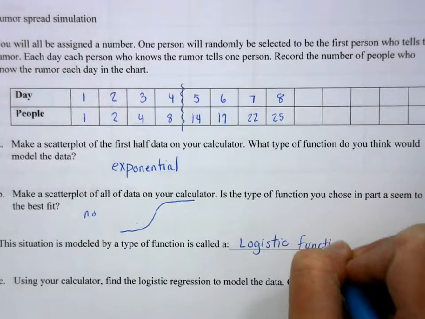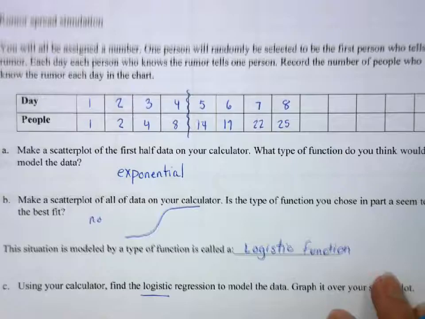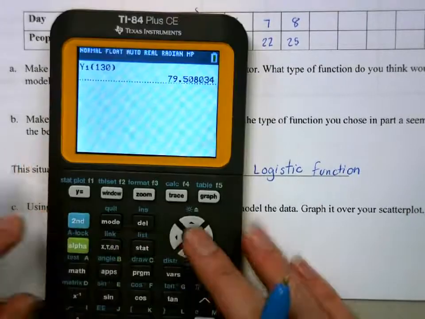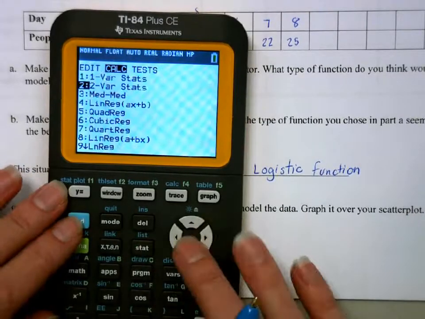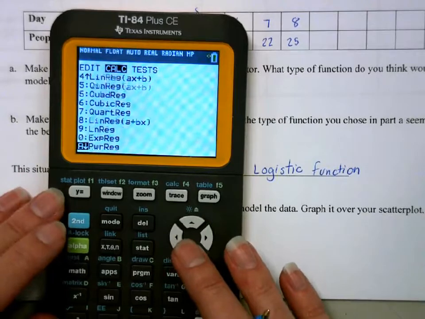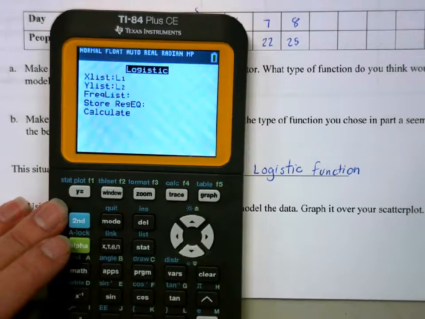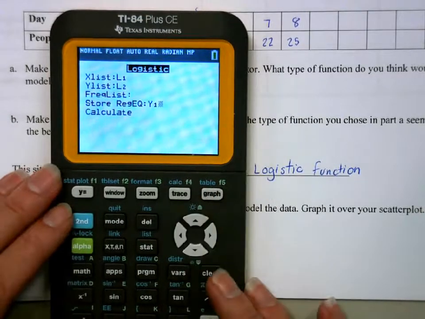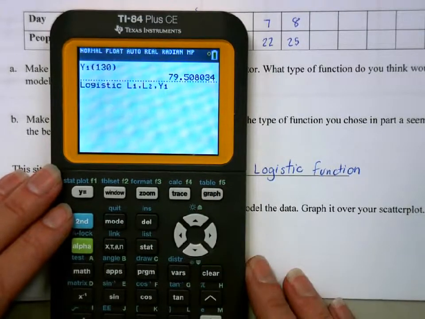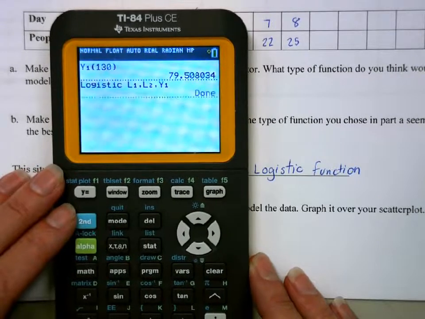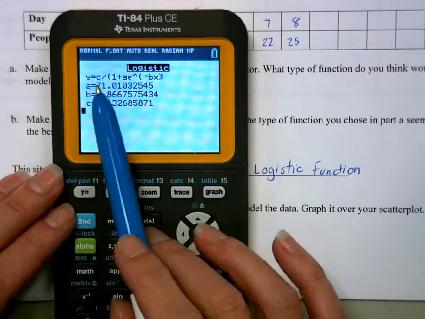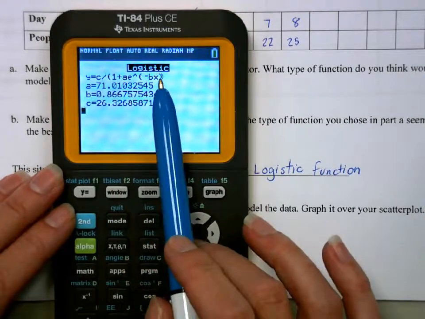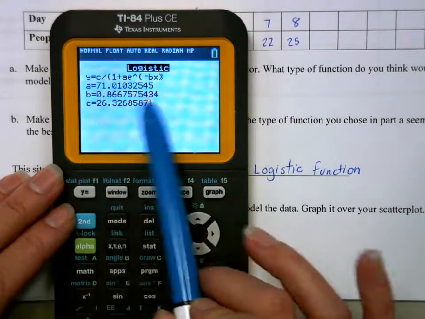Okay, so logistic is one of the regressions that we can run. So we'll do stat calc, and it is simply just called logistic. We want to store it again in our y1. Okay, so this one is c over 1 plus a e to the negative bx. So a, b, and c.